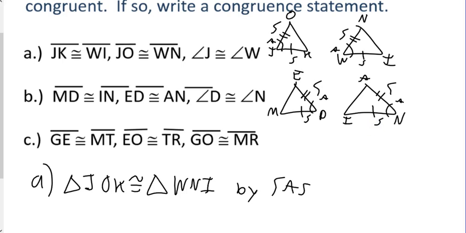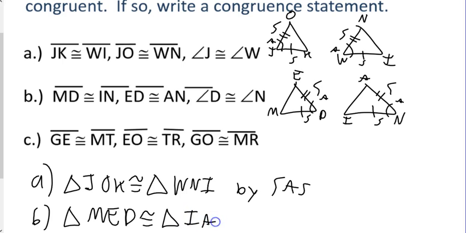So for B, I'm going to say the triangle, any order you want, MED is congruent to triangle IAN by, again, SAS.